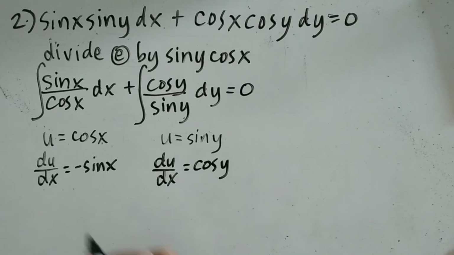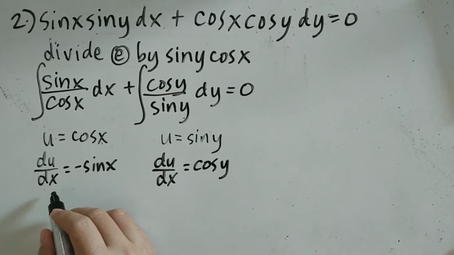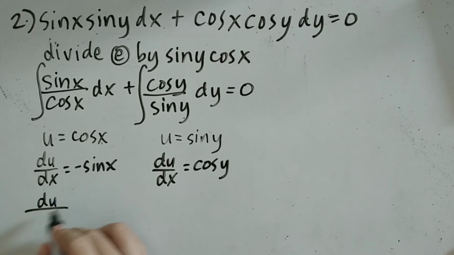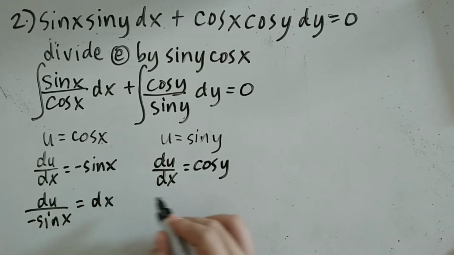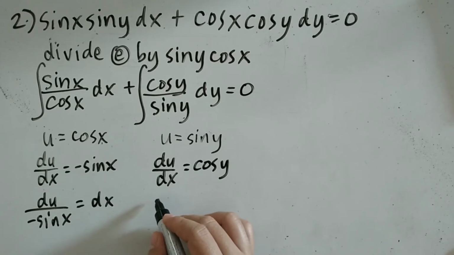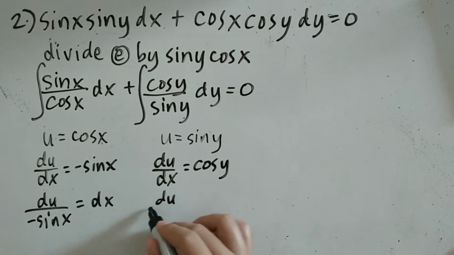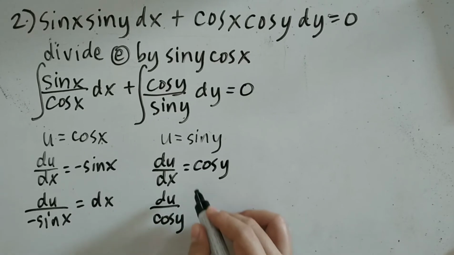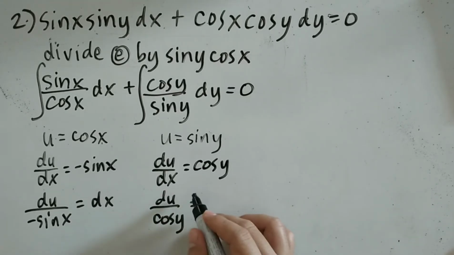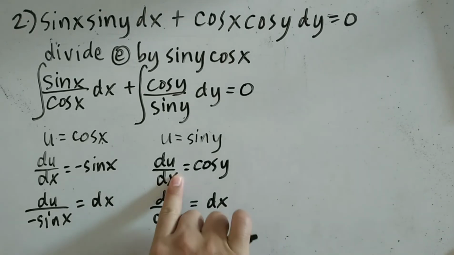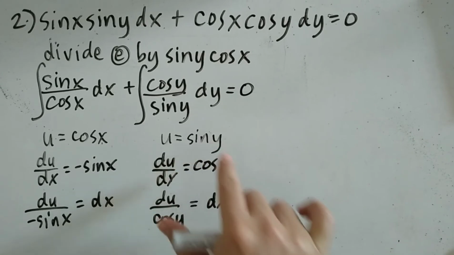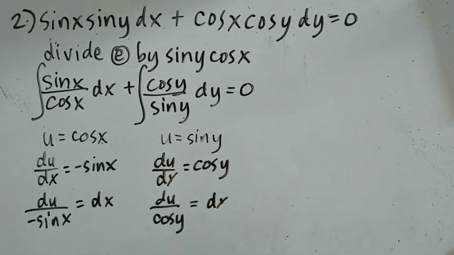Transpose so that dx is on the other side, so we have du over negative sine of x equals dx. On the other hand, here we have du over cosine y, and I mean dy, because it's a function of y.